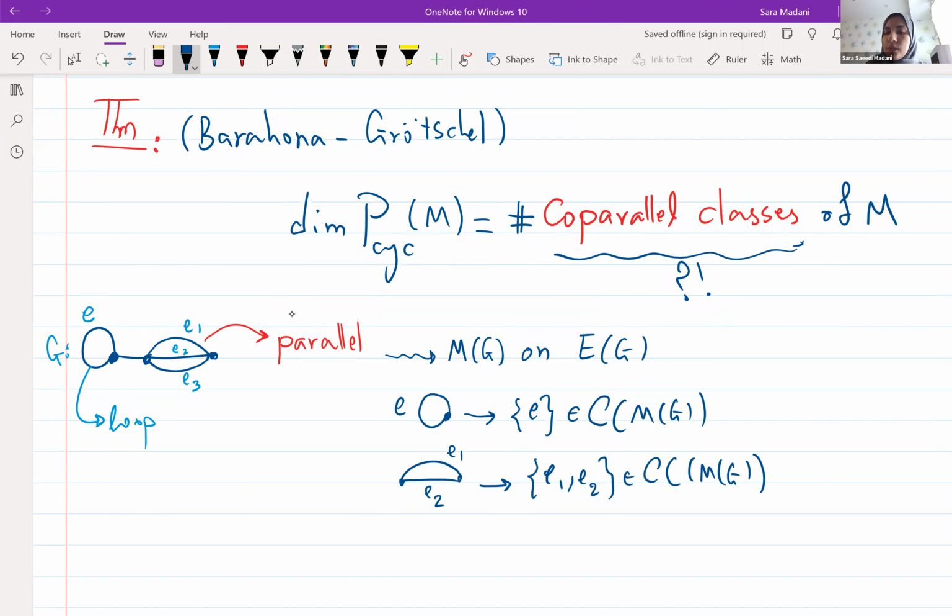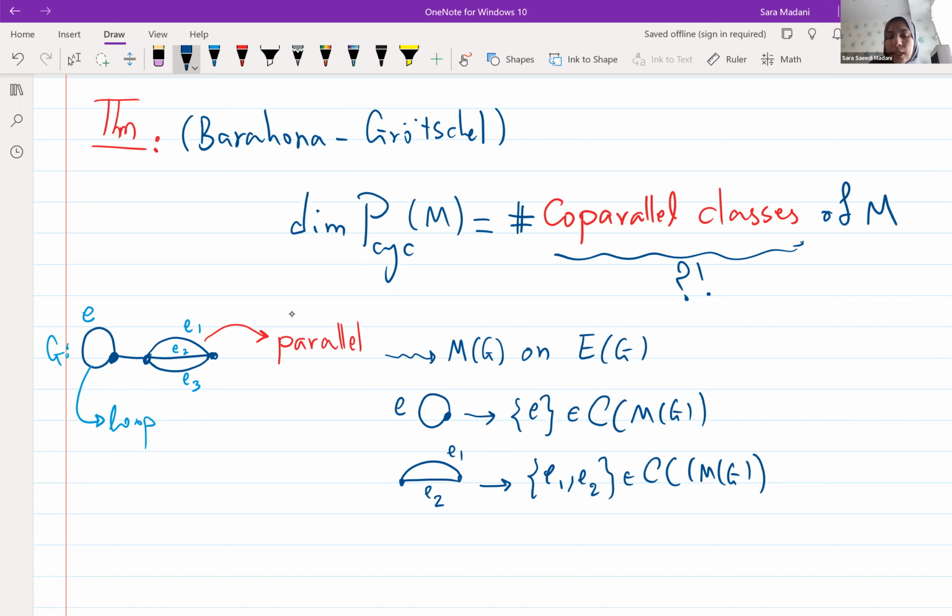I'm just using some definitions from yesterday. E1 and E3, E2 and E3, every pair are parallel edges in my graph, and every pair provides a cycle of length 2 in the graph, namely a circuit of cardinality 2 in my graphic matroid.